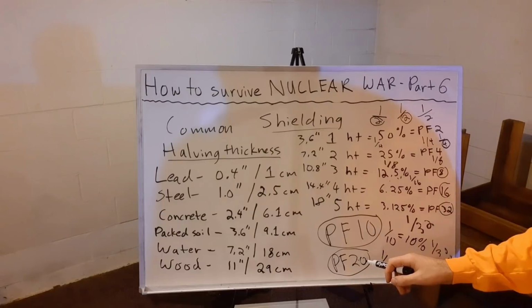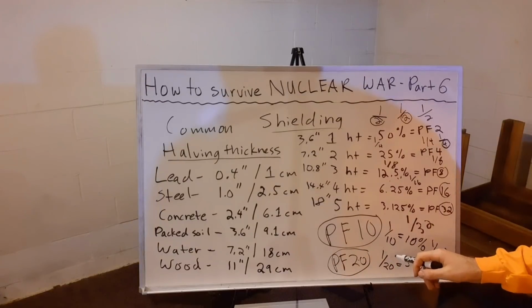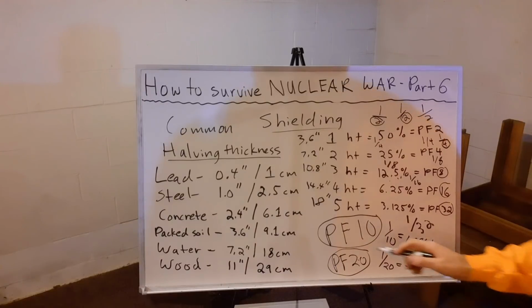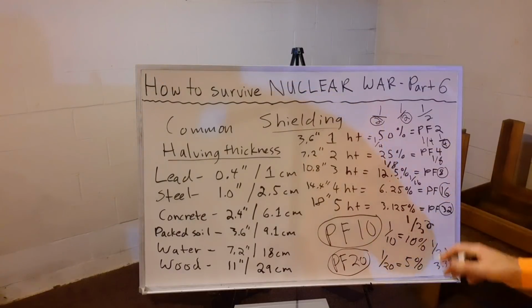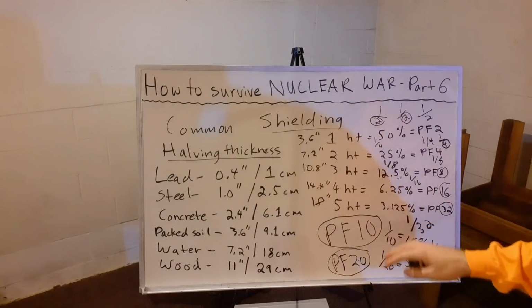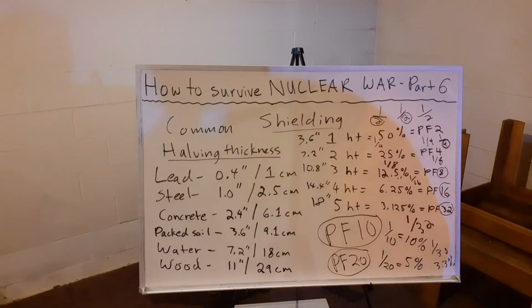Protection factor of 20, you would get 1/20th of the radiation, or 5%. And a protection factor of 30 would give you 1/30th of the radiation, or 3.3%. And so on and so forth. Okay, but that's what protection factors are.